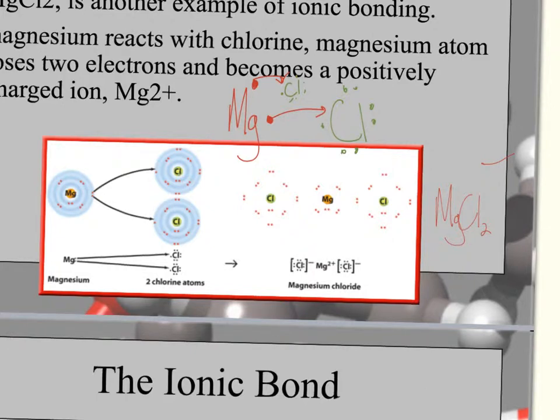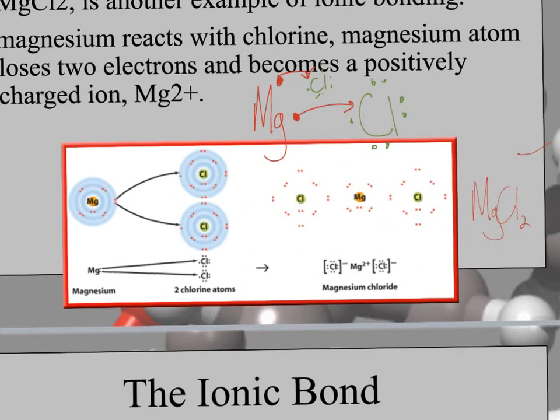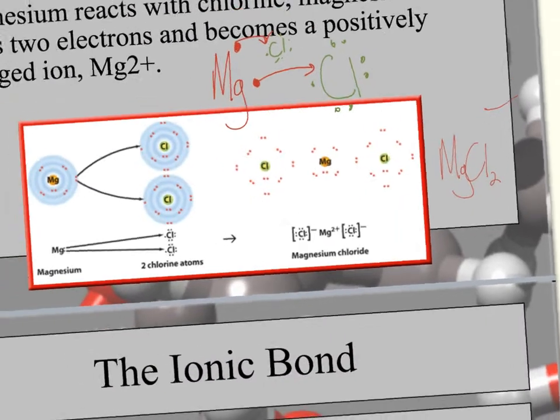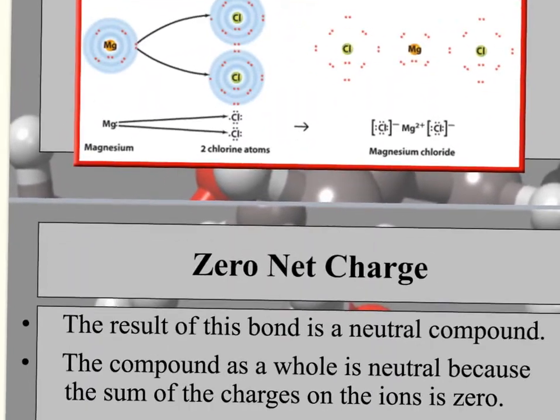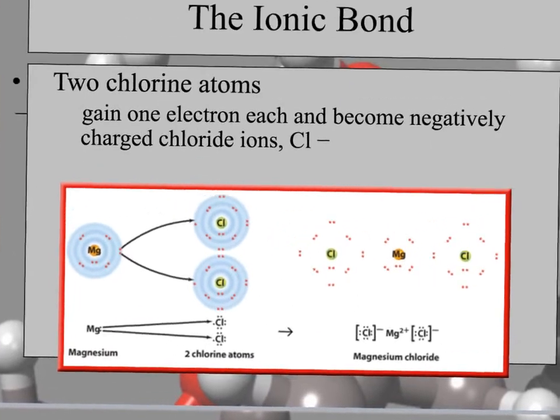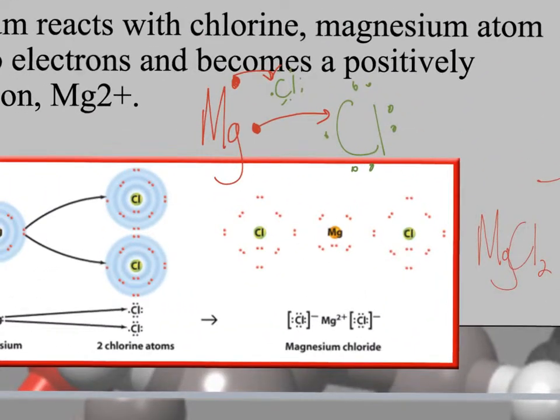Because all elements in group 2, I could have put calcium there, I could have put beryllium there, it doesn't matter. Any element in group 2 bonding with an element in group 17 is going to be a 1-to-2 ratio like that. But once again, the overall charge is the same, because the magnesium becomes +2, but you have 2 -1 charges with chlorine.